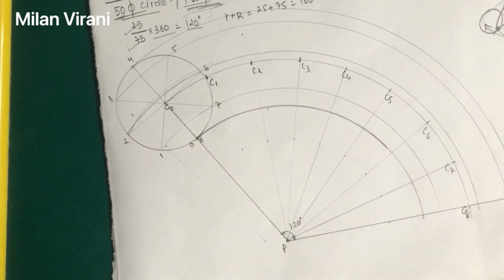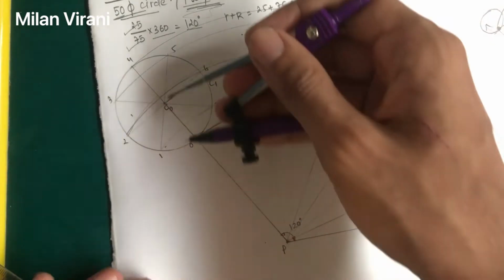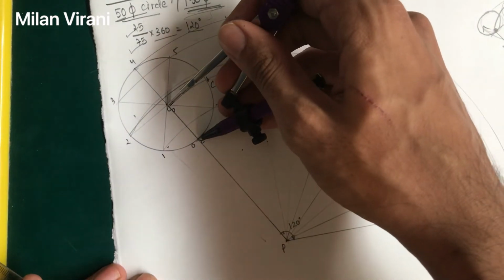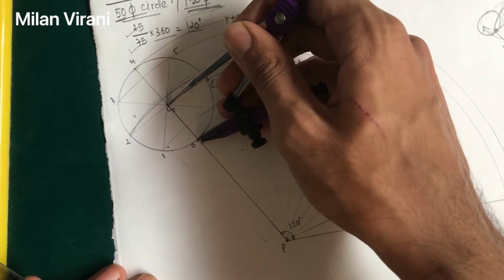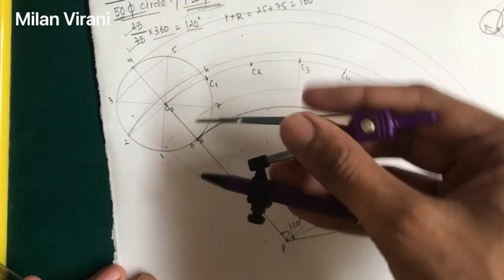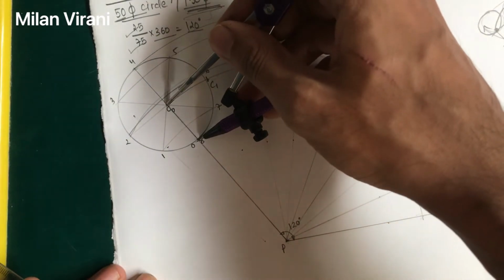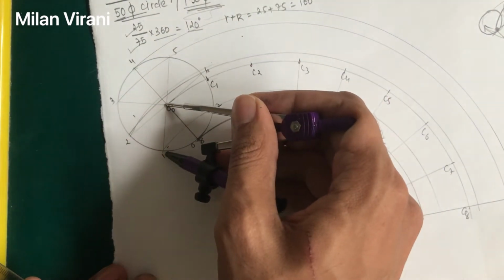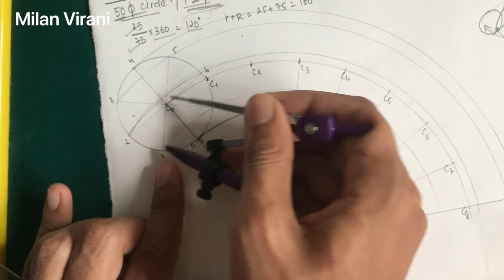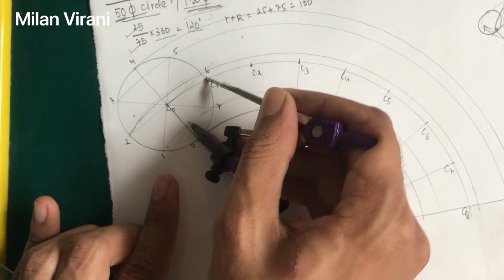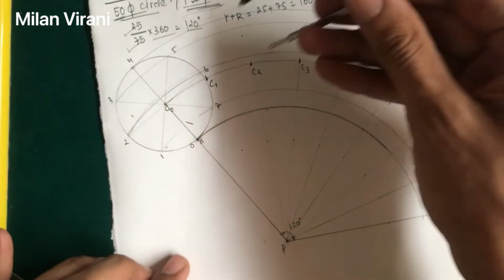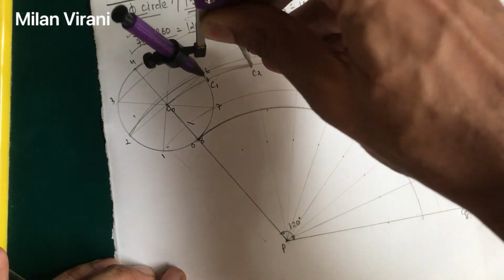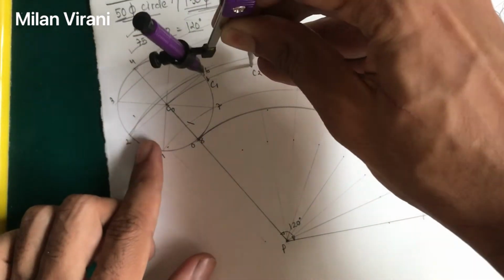Now the procedure will be the same as the cycloid. First we will keep the radius at C0. After rotation, when the circle rotates, the 0 point will come to 1. Then we keep center 1 and draw an arc on the first locus. Then center 2, arc on the second locus, the 2 and 6 locus.